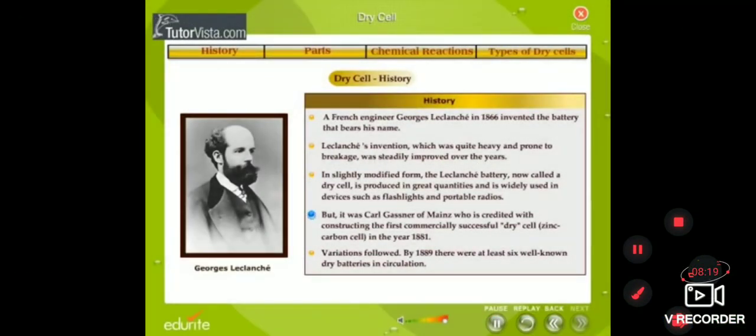But it was Carl Gassner of Mainz who is credited with constructing the first commercially successful dry cell, the zinc carbon cell, in the year 1881. Variations followed. By 1889, there were at least 6 well-known dry batteries in circulation.